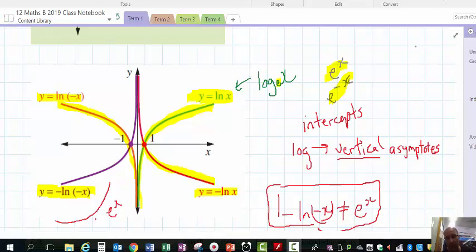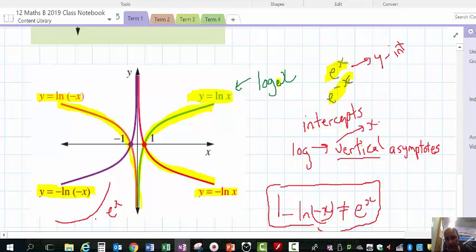Exponentials have a y-intercept and logs have an x-intercept.